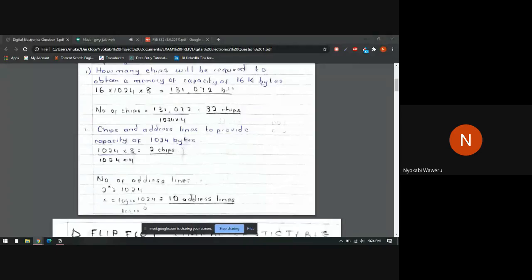That's what gives us the number of memory locations. So now we want the number of address lines. You just take log on both sides, and we got 10 address lines.